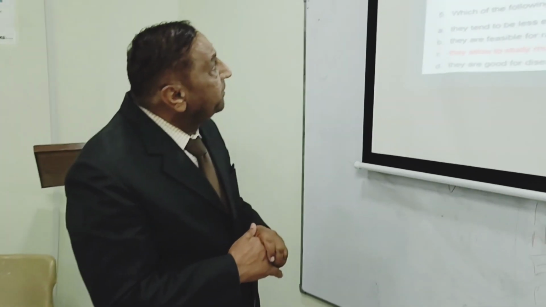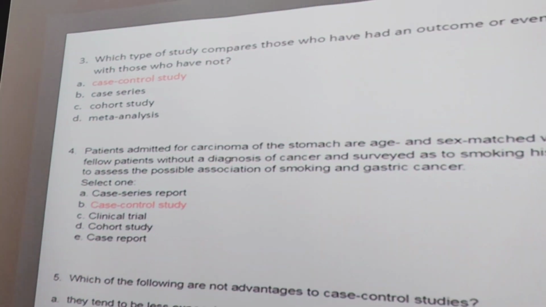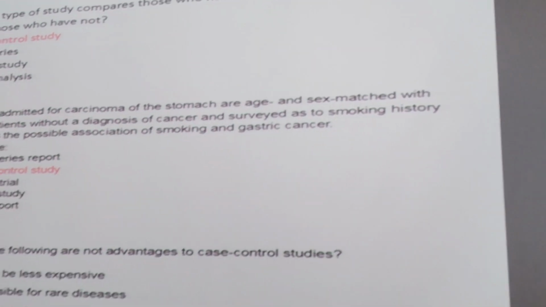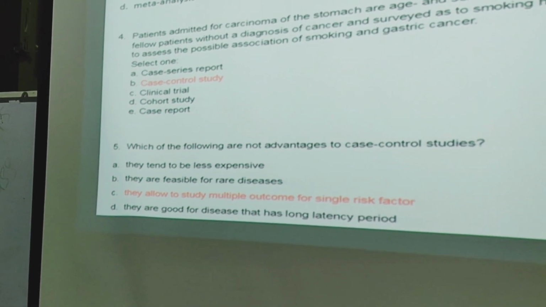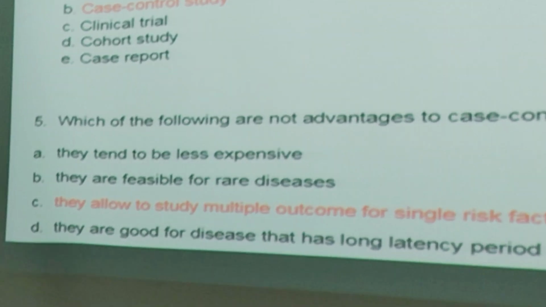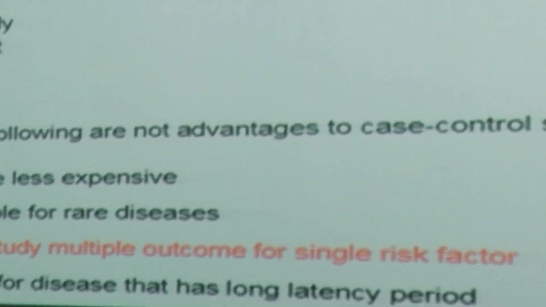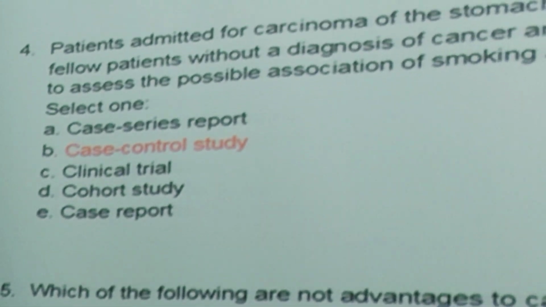Next please. This is an MCQ which asks: if you are conducting a study comparing those who had an outcome or event with those who are without the outcome, what type of study will it be?